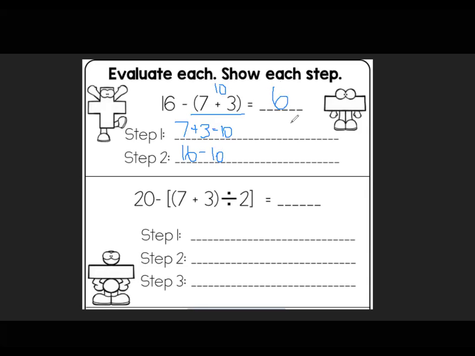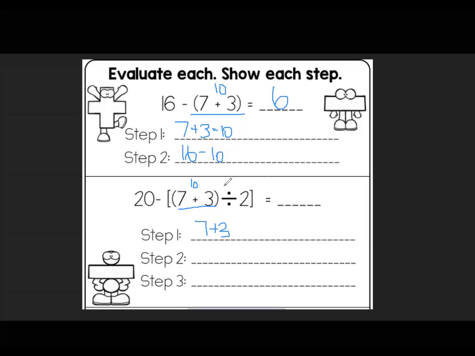Okay, so the second one, we have 20 minus, and then within brackets, we have our parentheses, 7 plus 3, divided by 2. So I noticed that we have 2 grouping symbols. We have parentheses and we have the brackets. So we have to make sure that we work out those parentheses first. So for step 1, we're going to add 7 plus 3. And we know that 7 plus 3 is 10. But we're still going to work inside this bracket next.